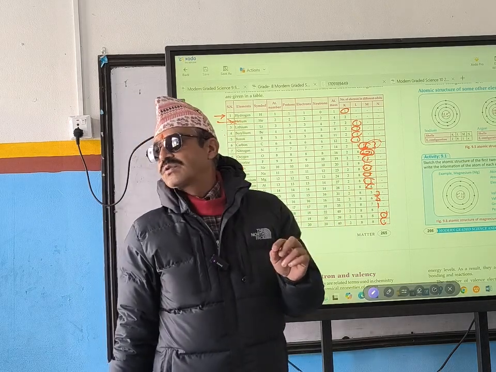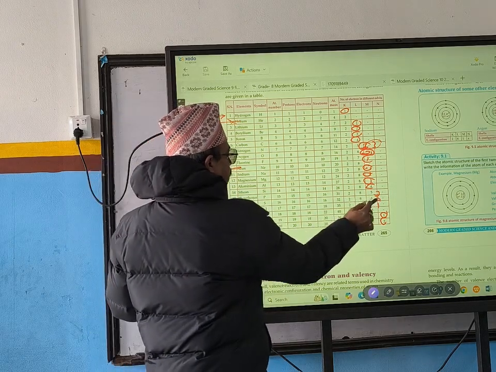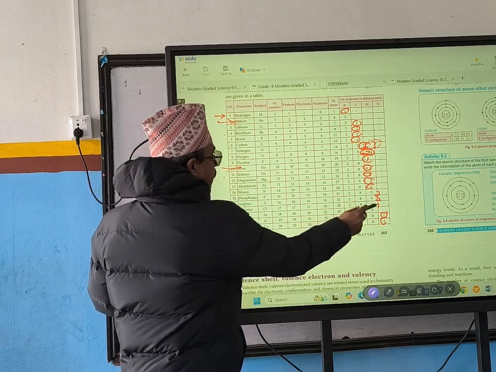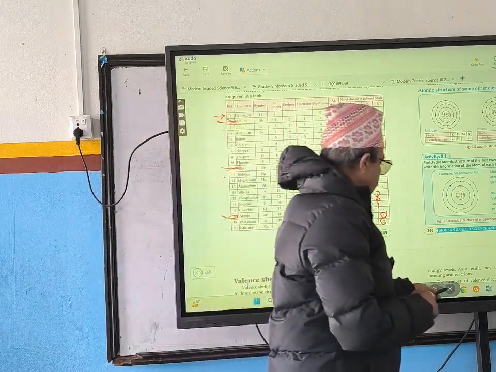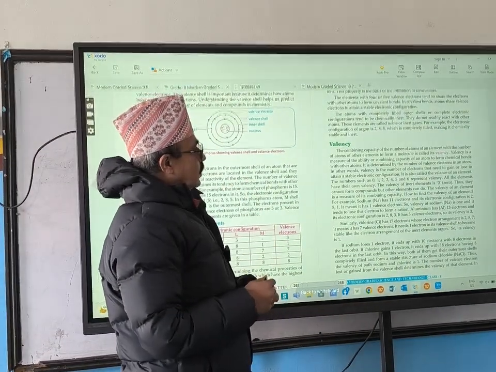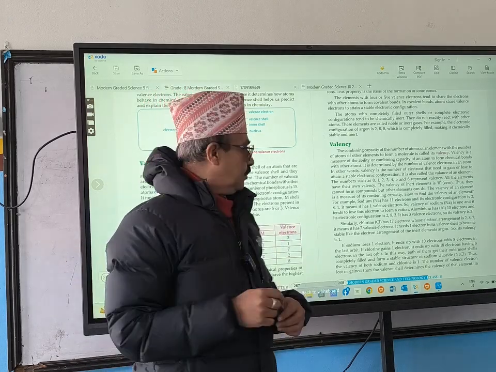Sometimes 5, sometimes 3. Sulfur, 2. Sometimes 6 also. Chlorine, potassium, calcium. So, the combining capacity of one atom of an element with other atoms to form a molecule.